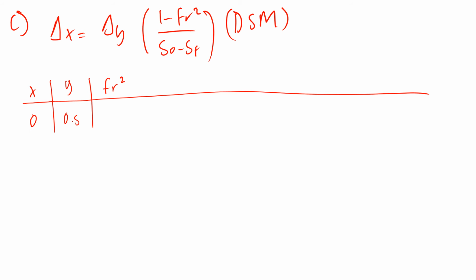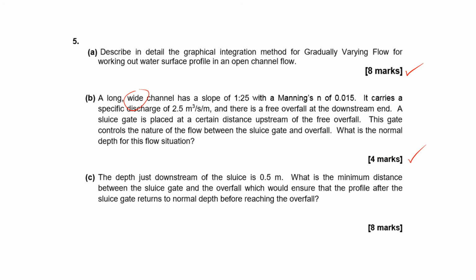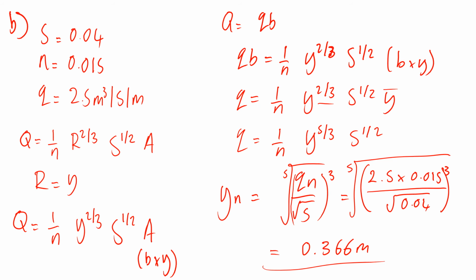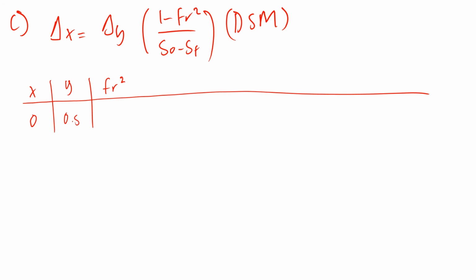You'll notice that for this table I'm not writing or working out area or wetted perimeter, and the reason for that is the question doesn't give you what b is. So I can't work out the area or the wetted perimeter. But what I can work out is the Froude number, and I'll work that out by manipulating the Froude equation.